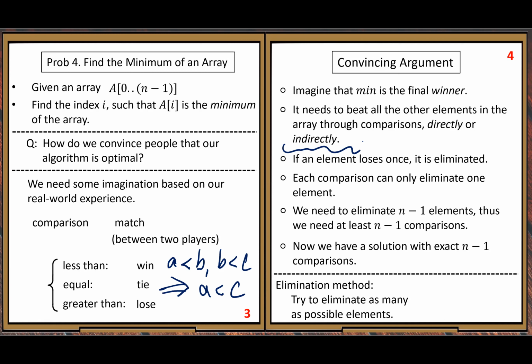That's the essence of the elimination method. Later I will give you a lot of details and many examples showing you how effective this method is. All right, let's move to the next topic.